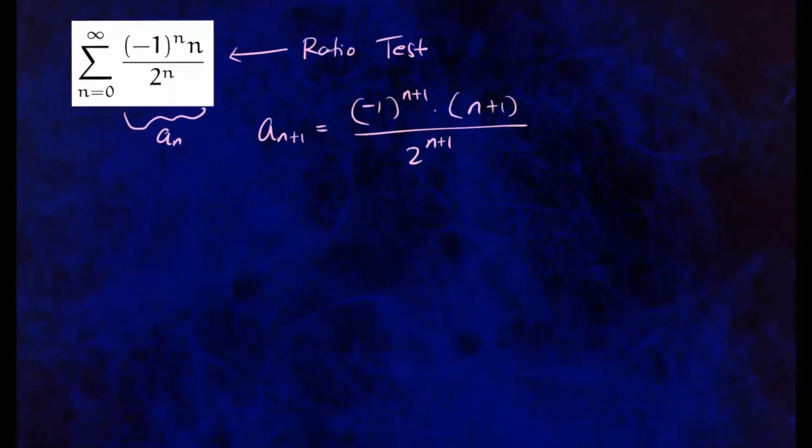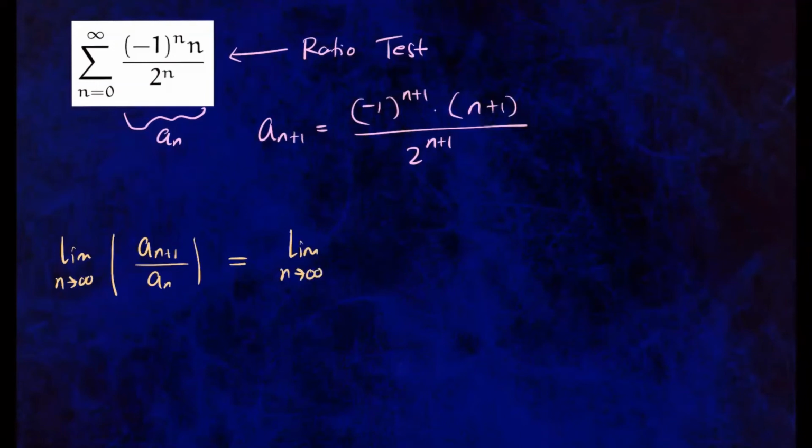So the ratio test says to take the limit as n goes to infinity of the absolute value of an plus 1 over an. Take their ratio. So I plug these in. So I have the limit as n goes to infinity of the an plus 1 term, so that's negative 1 to the n plus 1 times n plus 1 over 2 to the n plus 1.